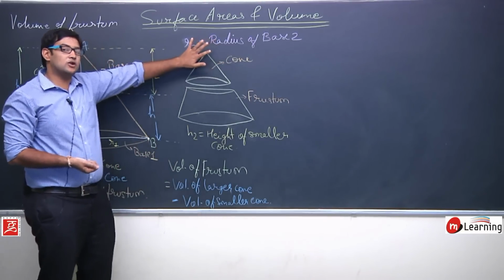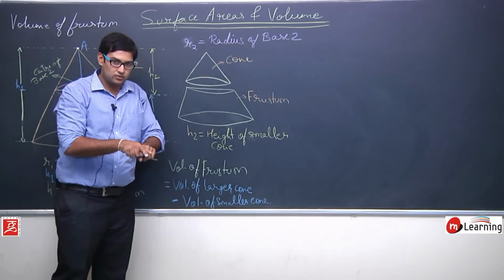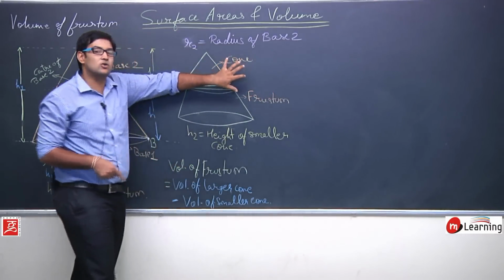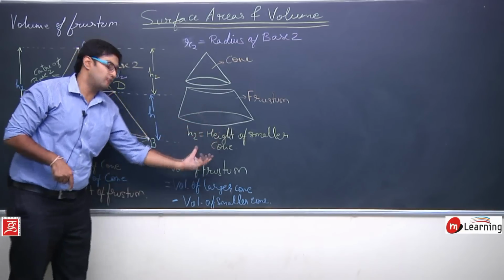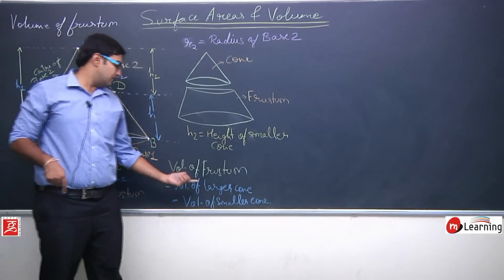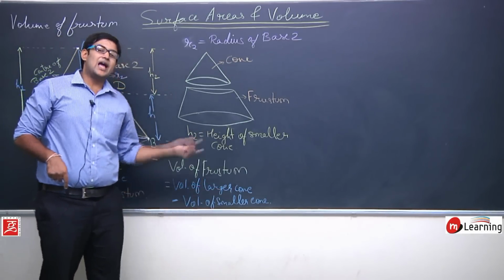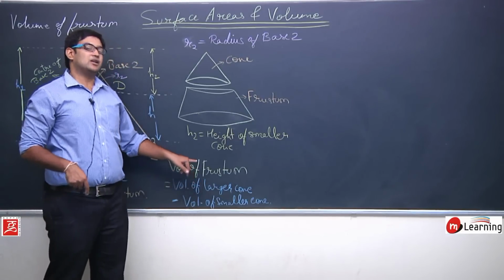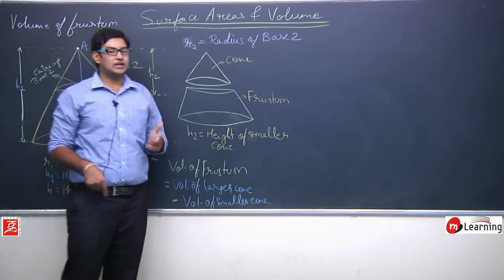So from the volume of the bigger cone, I removed the volume of this smaller cone, and the final volume left with me is the volume of the frustum. So our task will be to determine the volume of the larger cone, the volume of the smaller cone, and then subtract both values to obtain the volume of the frustum.